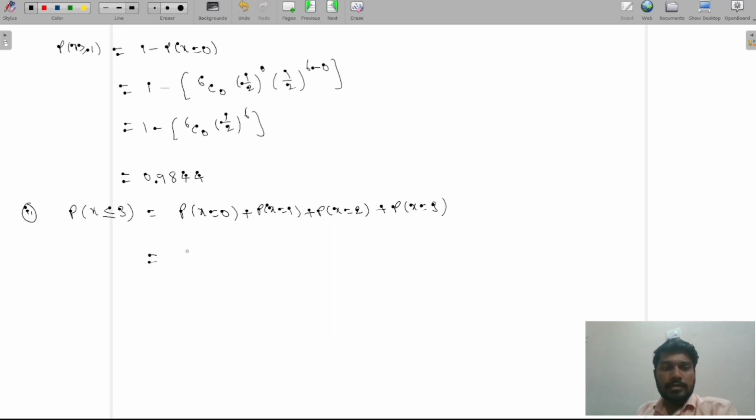So 6c0 because x equal to 0, right? 6c0 (1/2)^0 (1/2)^(6-0).